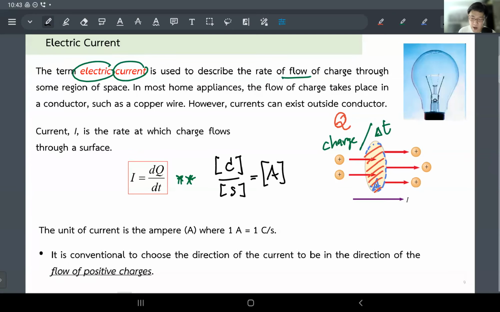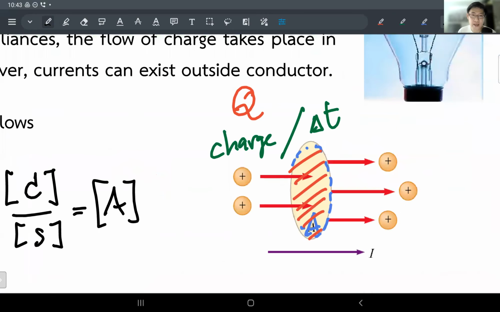Okay. However, there's one quick note that I want to talk about. We already knew that most of the thing that is actually flowing is pretty much electrons, negatively charged. But when we want to define the current flow, usually we define it along the positive things, right? Positive charge. So the current direction is in the same direction as the movement of the positively charged particle.